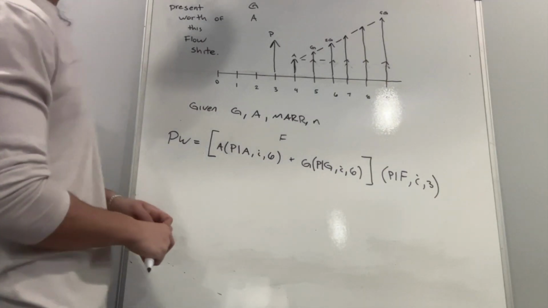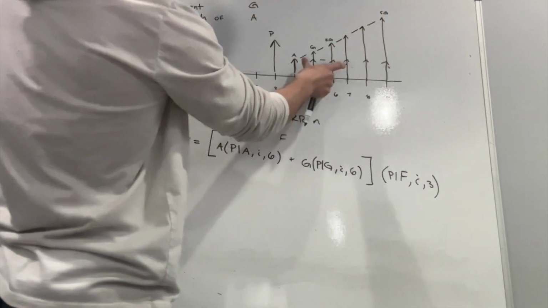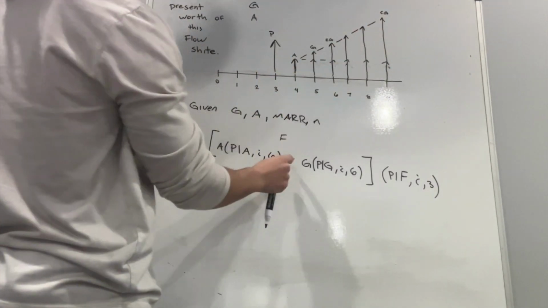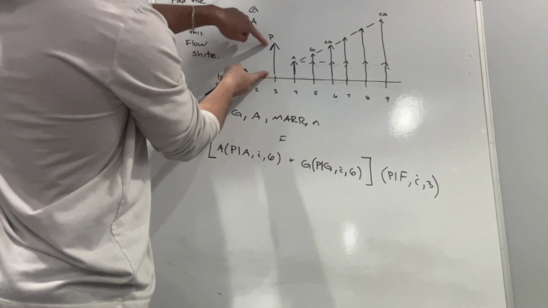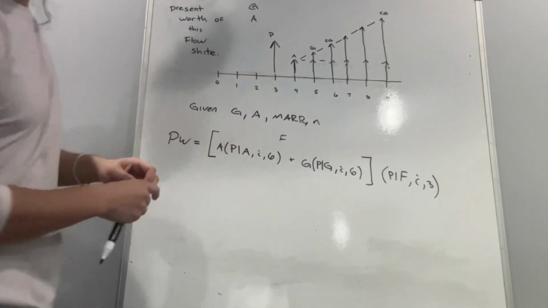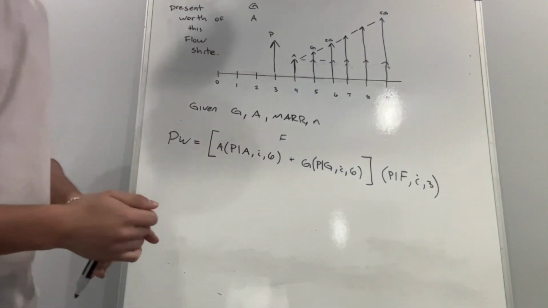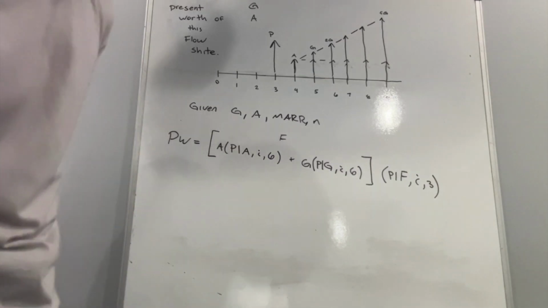To recap, we separated these into one annuity and one gradient, converted the annuity into a P, plus the gradient converted to a P, added them together, and then we use P given F to take this P and put it at the start. That's going to give us the total P for the entire thing. So, yeah, that's how you do that.